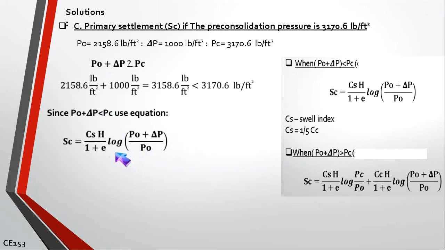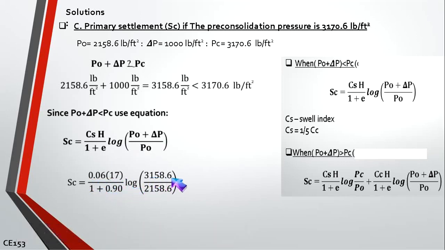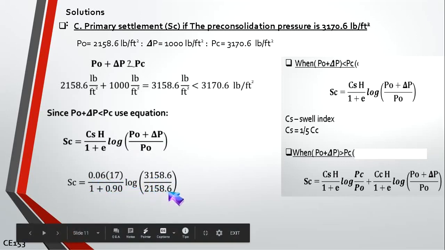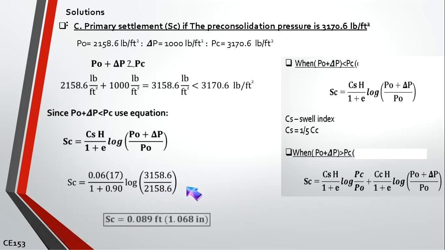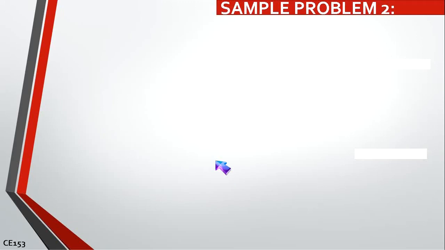So, given lahat ng ating values, CS, H, PO, and delta P. So, just substitute values, 0.06, 17 over 1 plus 0.9 log of 3,158.6 over 2,158.6. So, using your calculator, you're going to solve the value of primary settlement that is equal to 0.089 feet or 1.068 inches.